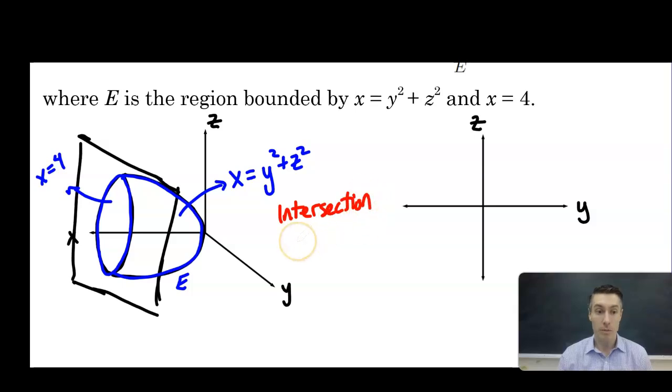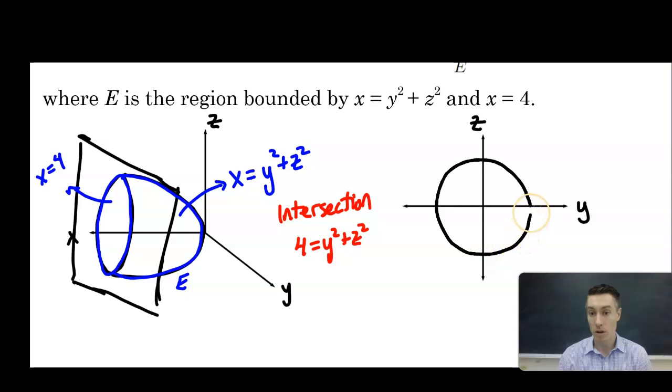That's going to be 4 equals y squared plus z squared. So the intersection of the two surfaces is 4 equals y squared plus z squared. So we have a circle of radius 2.